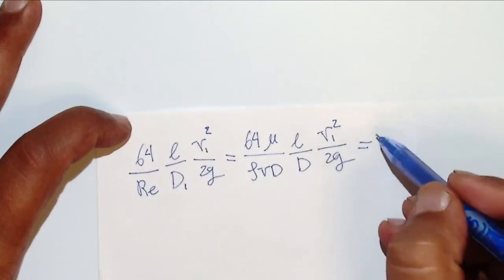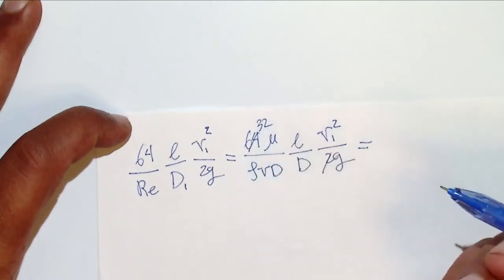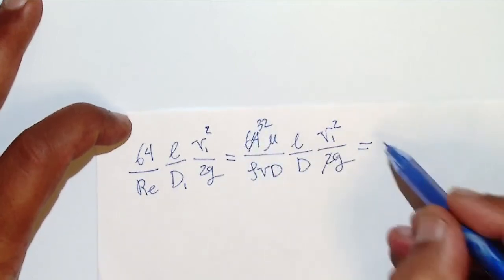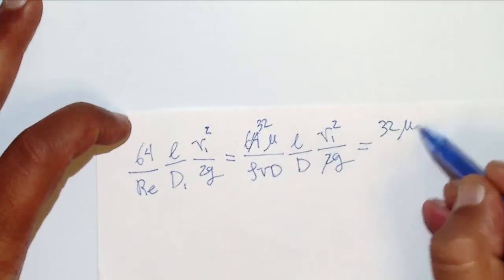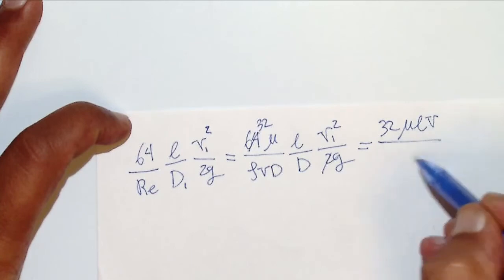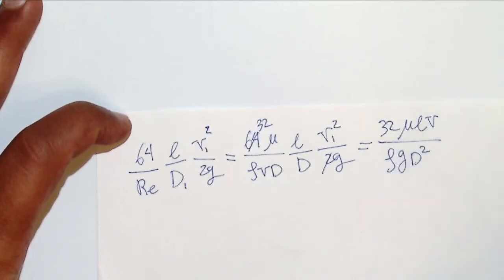Okay, so 2 and 64 going to cancel out each other and going to be 32. So 32, bring mu here, L v over rho g d squared.